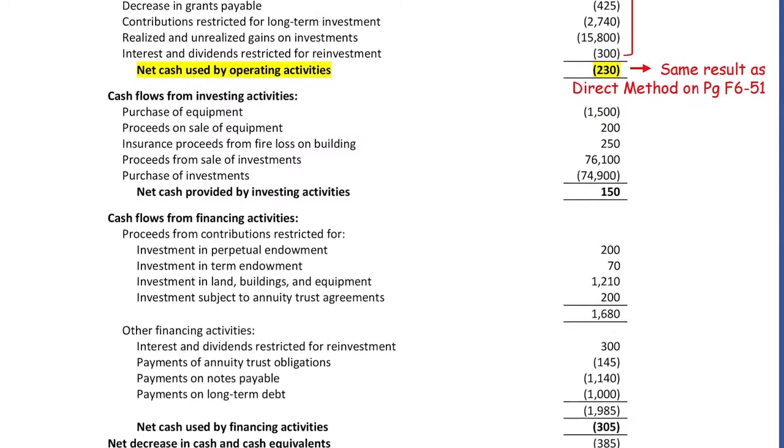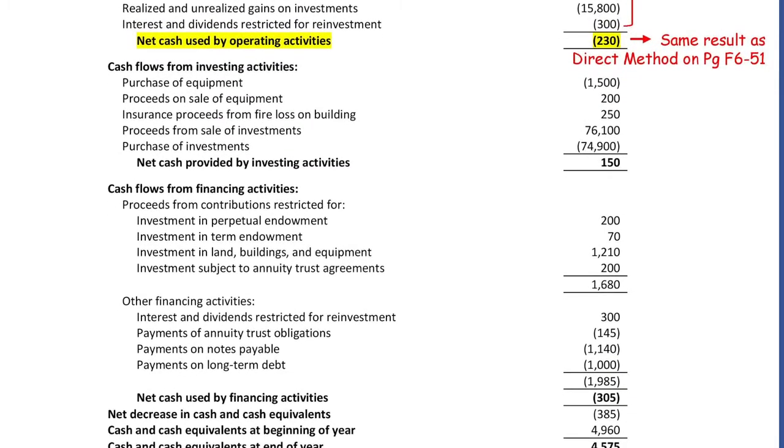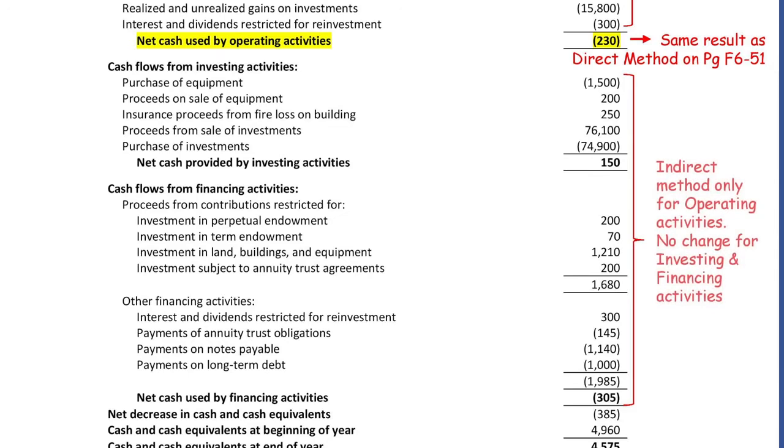The next two sections, cash flow from investing activities and cash flow from financing activities, are exactly the same as what we have on the previous page where we've used the direct method. So draw a bracket around all of these, and right there, indirect method only for operating activities. There's no change for investing and financing activities.